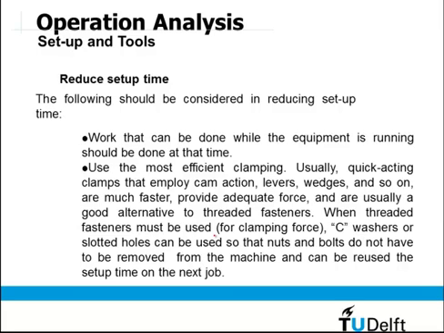If we use C-washers and slotted holes instead of nuts and bolts, that means nuts and bolts don't have to be removed from the machines and can be reused, reducing the setup time on the next job.